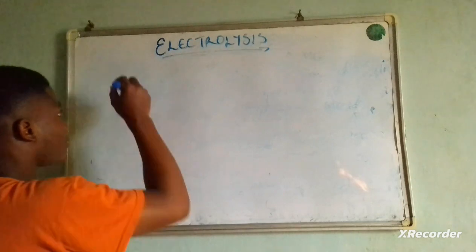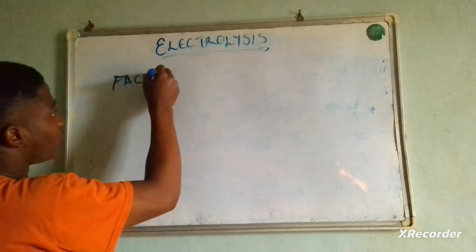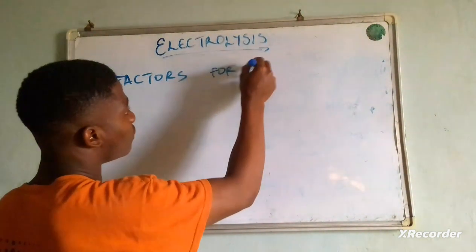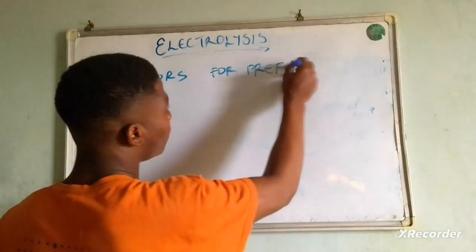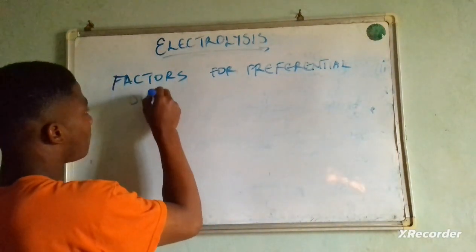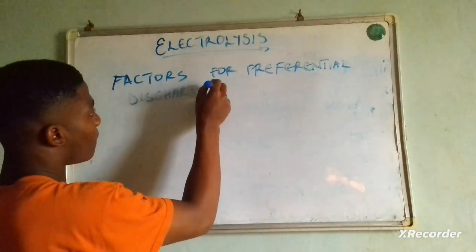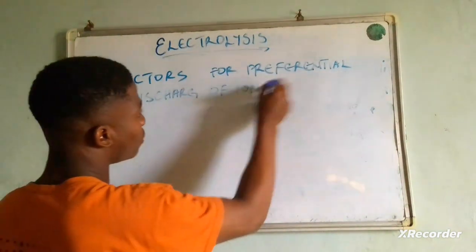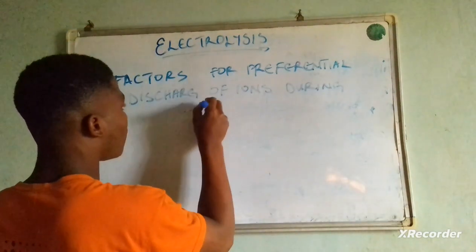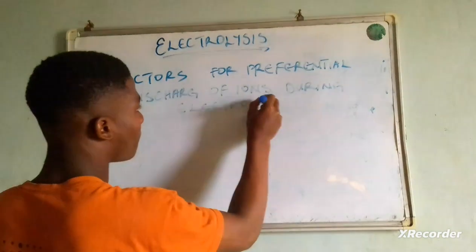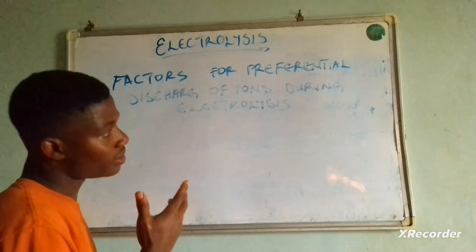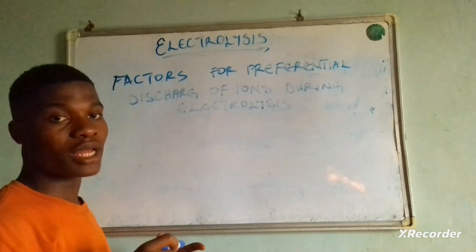Okay, so let me say factors for preferential discharge of ions during electrolysis. There are factors that affect the discharge of ions at a particular electrode.